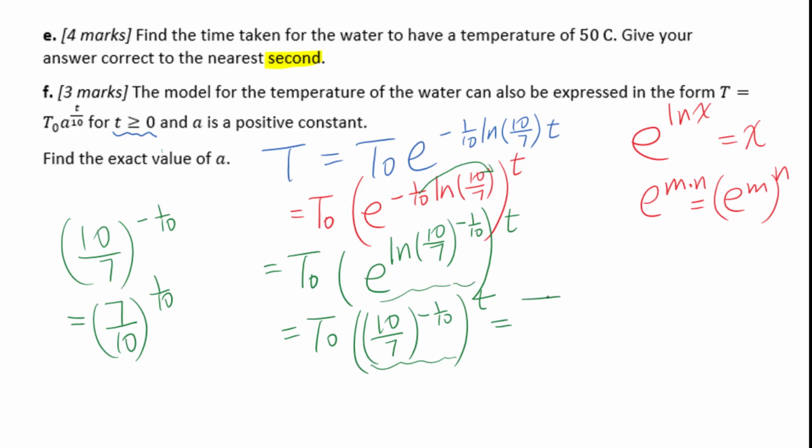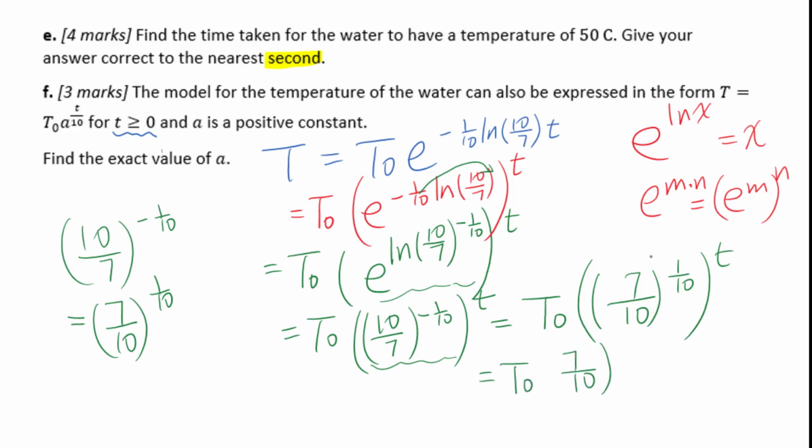So we get T sub 0, 7 over 10 to the 1 over 10th power, then to the tth power. Power of a power, multiply: T sub 0, 7 over 10, 1 over 10 times t will be t over 10th power. So A equals 7 over 10.